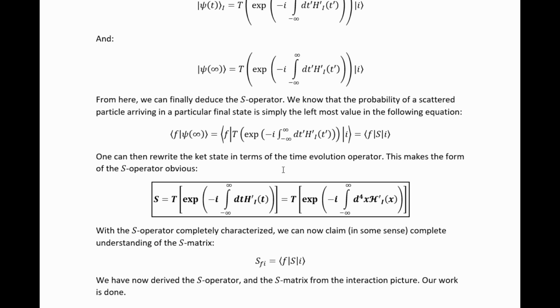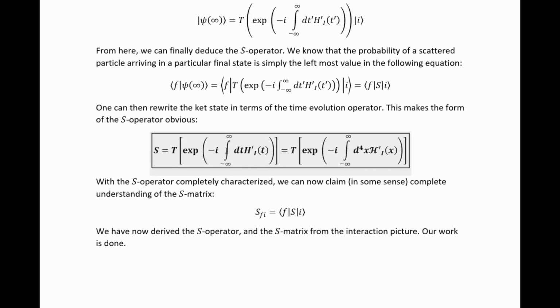We know we can do that with this time evolution operator where the integration limits are taken to be negative infinity to positive infinity, and we also know that it's the definition of the S operator to do exactly that. Therefore, the U operator, this time-ordered exponential for the case of integrating from t equals negative infinity to t equals positive infinity, is just the S operator.